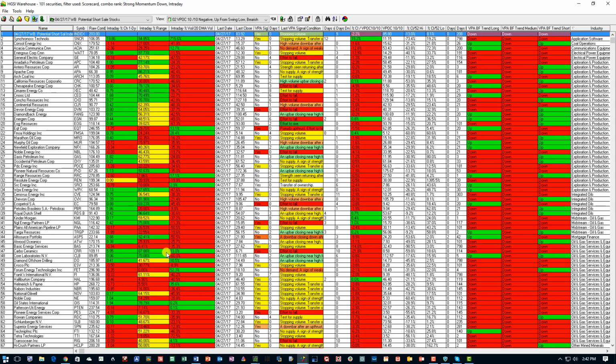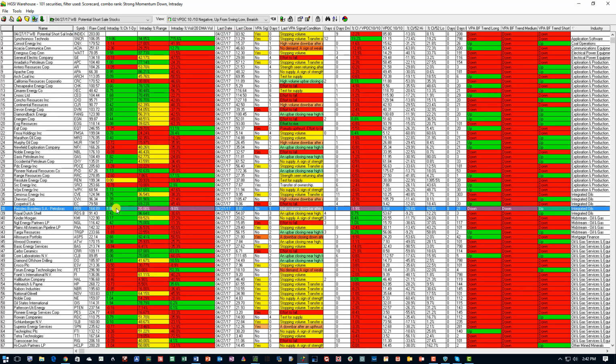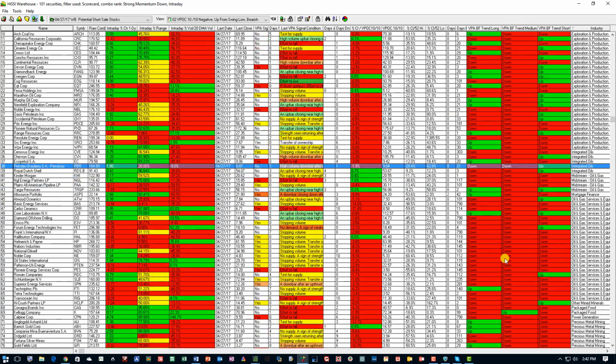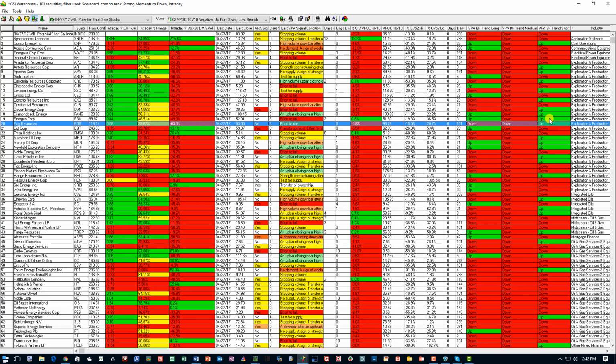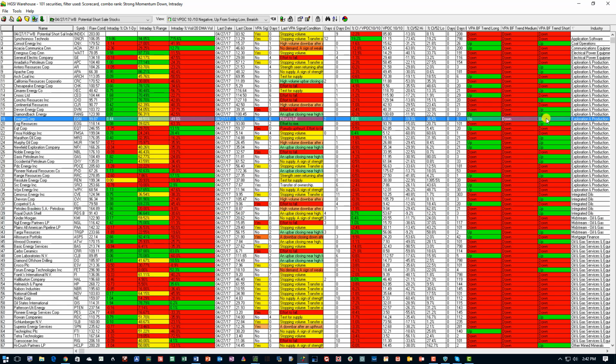The market's about 20 minutes from being closed today, and some have bounced, but you can see the medium-term trend is down on most of these, and most of them have a negative long-term trend too, but we're seeing a few where the trend is turning up in the short term, and that's corresponding with the intraday one-day change where we're getting some green.